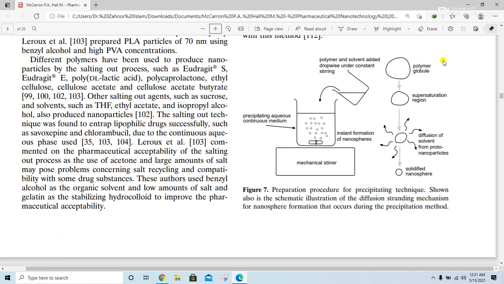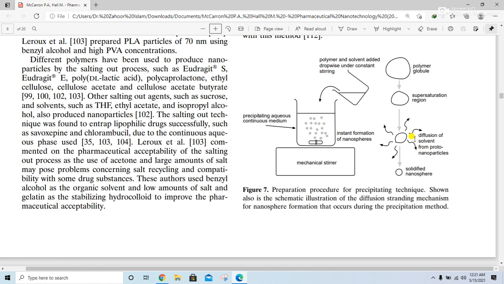Look here, these are polymer globules, and this is the supersaturation region. So when polymer and solvent are added dropwise under constant stirring, what will happen? Here you can see a mechanical stirrer, while here there is instant formation of nanospheres, and there will be precipitation in the aqueous continuous medium.